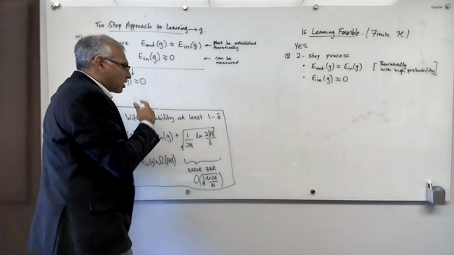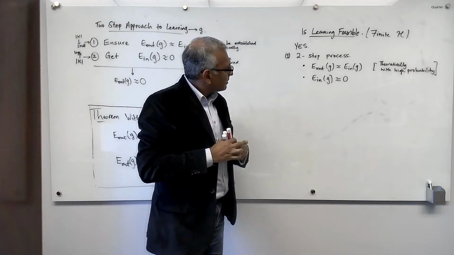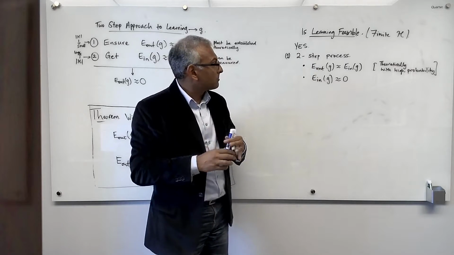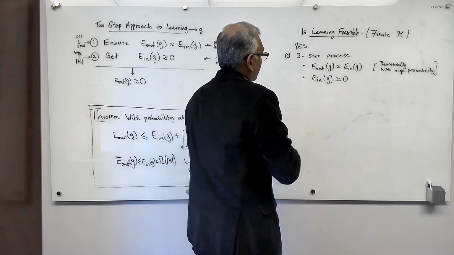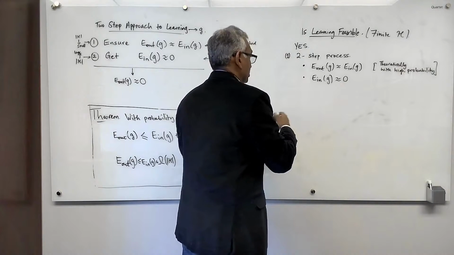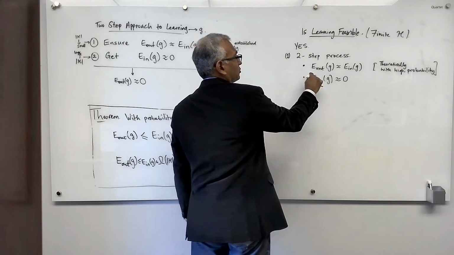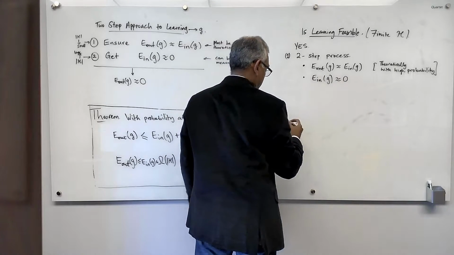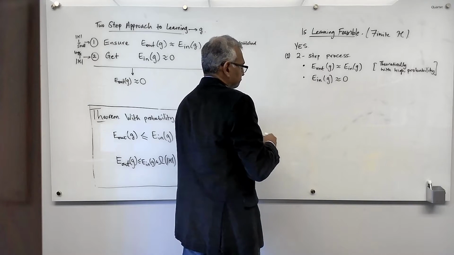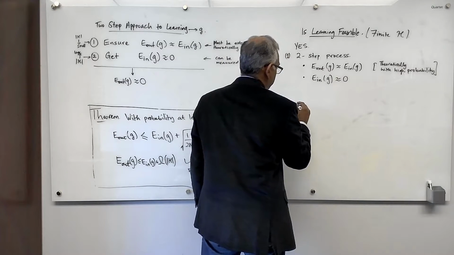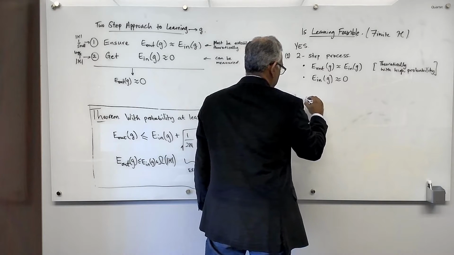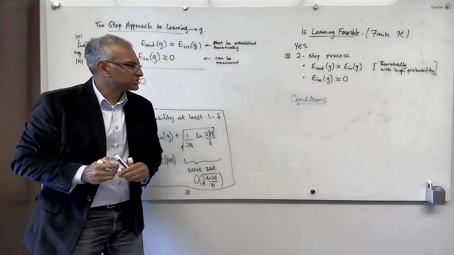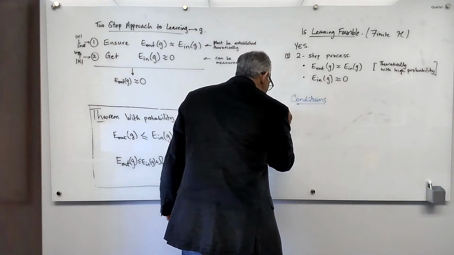Okay. Now, there's something else that we have to give up. Okay, when we look at this 2-step process. Okay, because here are the conditions in order to accomplish the first step. So here are the conditions. Okay, so conditions. 1.